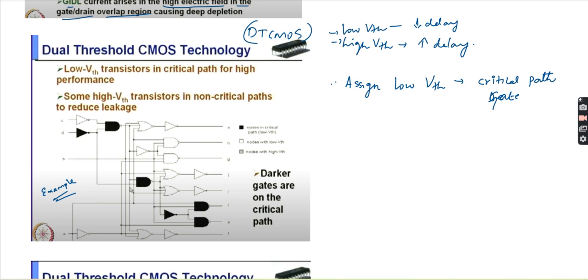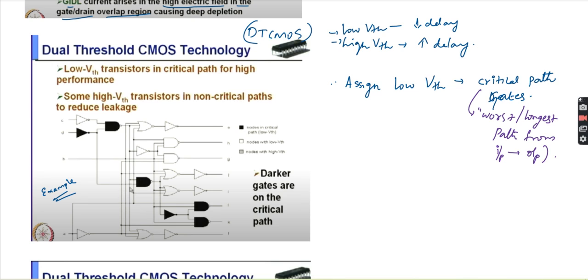The critical path is nothing but the worst or longest path from input to output. That is what we call the critical path.